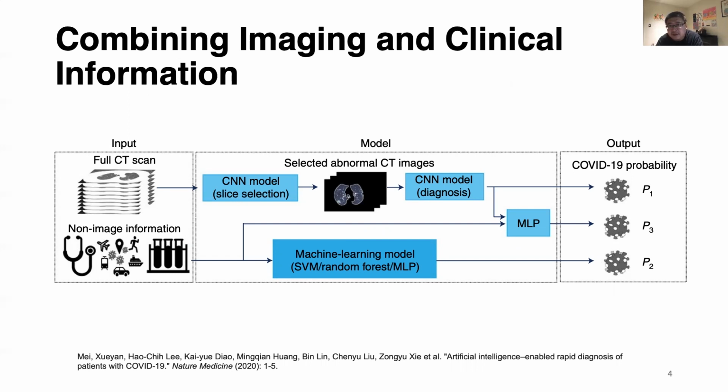Demographic and clinical data, including the patient's age and sex, exposure history, symptoms, and lab tests, were put into a machine learning model to classify the COVID positivity. That's model P2. Features generated by the diagnosis CNN model and the non-imaging clinical information machine learning model were integrated by a multi-layer perceptron to generate the final output of the joint model P3.